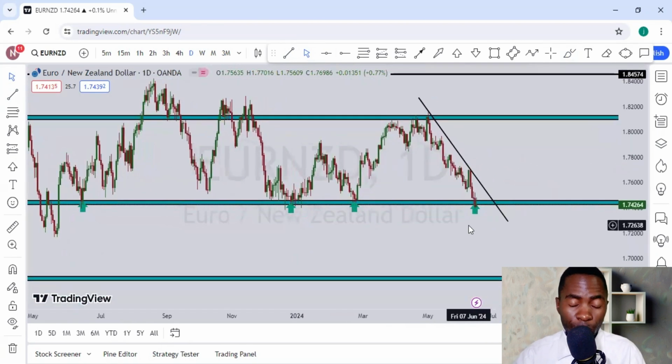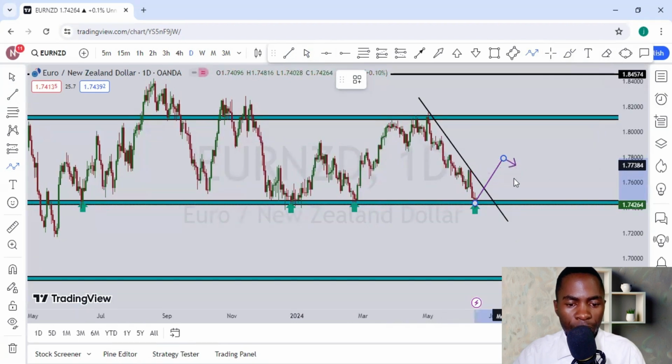So that's the first thing. Now, my first confluence: I'm expecting this market to reverse from this level, come and break this trend line, and also break this zone to form a change of direction, then retest my Fibonacci zone, my yellow line.